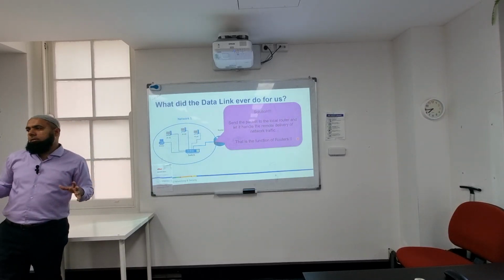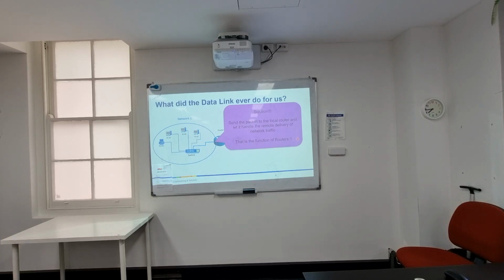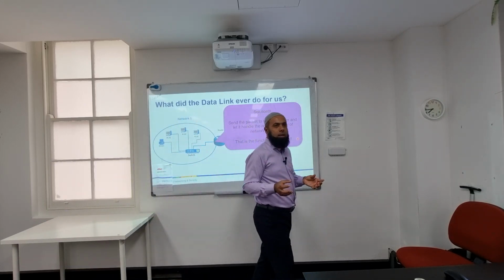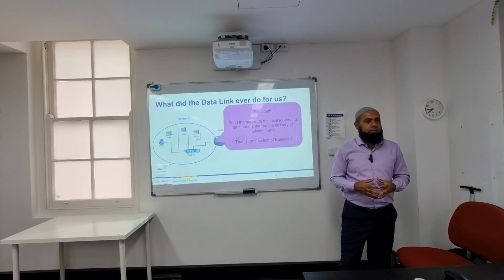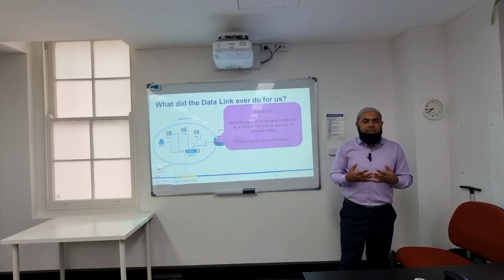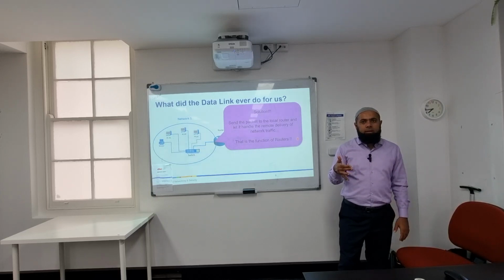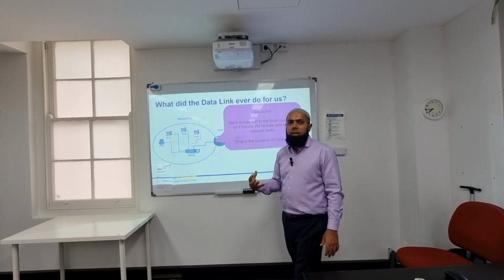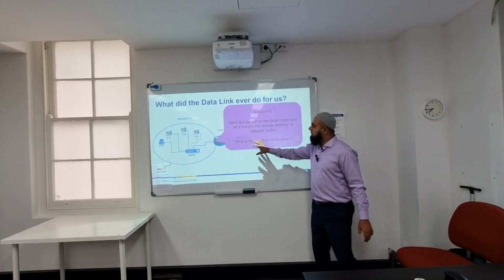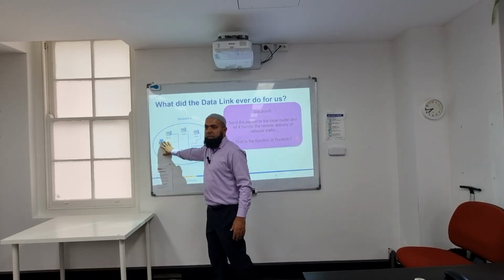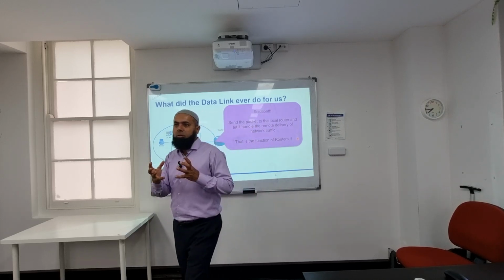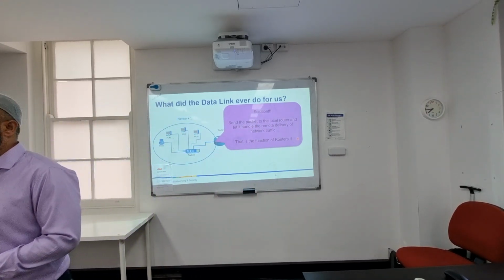What we learned up to the previous lecture is that the main job of the data link layer is to communicate over a local area network. But now the question is how I can remotely connect with a computer which is not on my network. Whatever information comes from these PCs, everything comes to the router, and it is the router's job to handle everything for us.